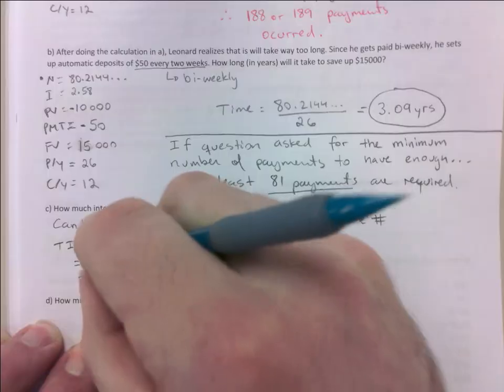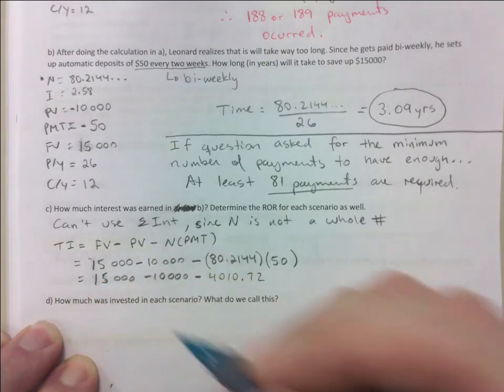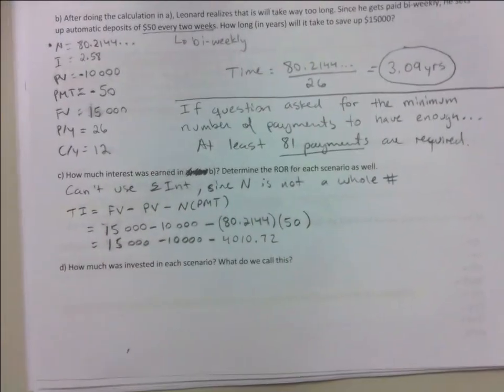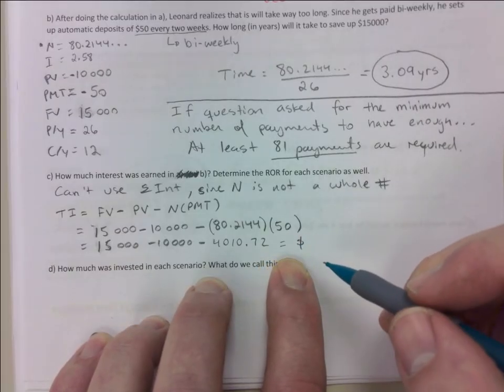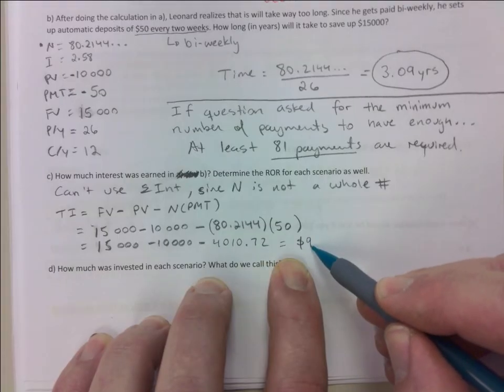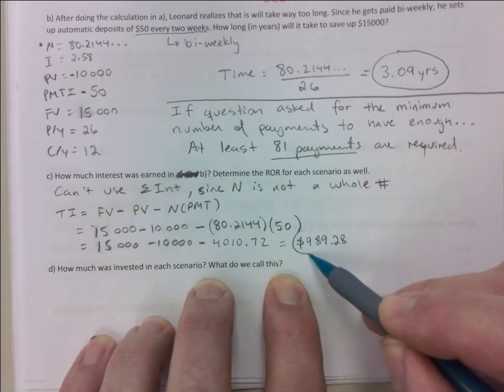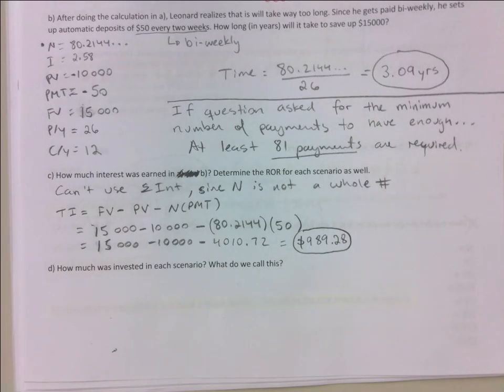Ay, ay, ay. Don't worry, everything else is still good. I'm just making sure you're still paying attention. Yikes. Not a good start to the week, I'm telling you that. $989.28. So about $1,000 interest, okay?